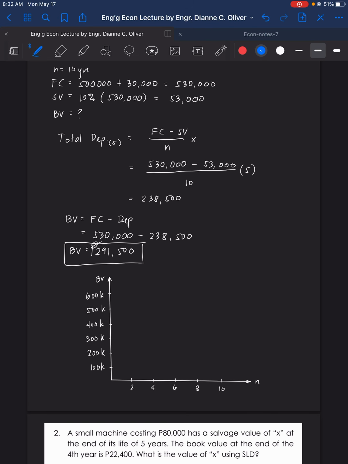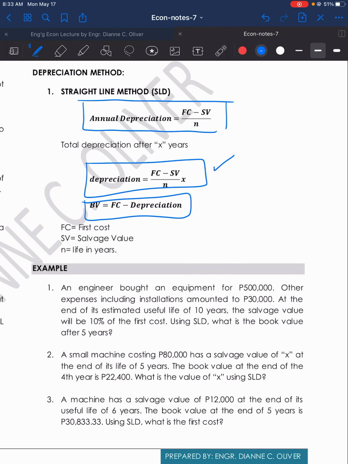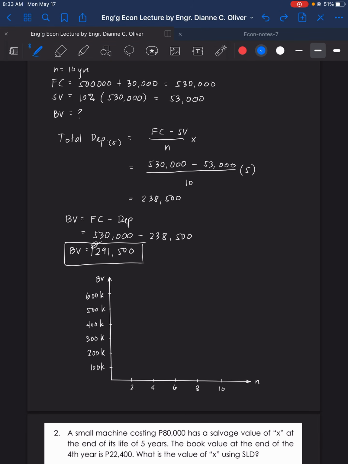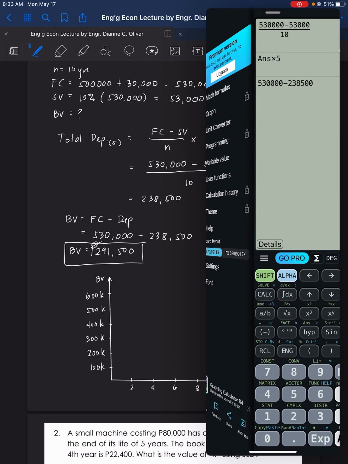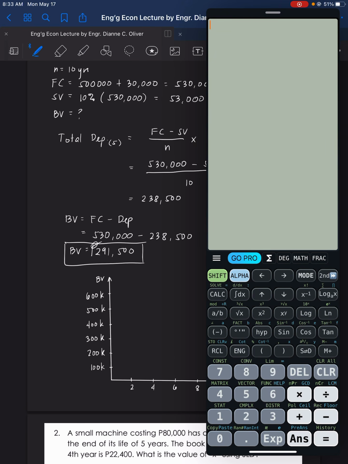Take note that when we are taking the total depreciation, we are using this formula. But if we are just asked for the annual depreciation, we are going to use this formula without the x. Meaning, we are taking the annual depreciation in a certain number of life or year in the life of the equipment. Okay, so let's graph using our calculator here. Clear.